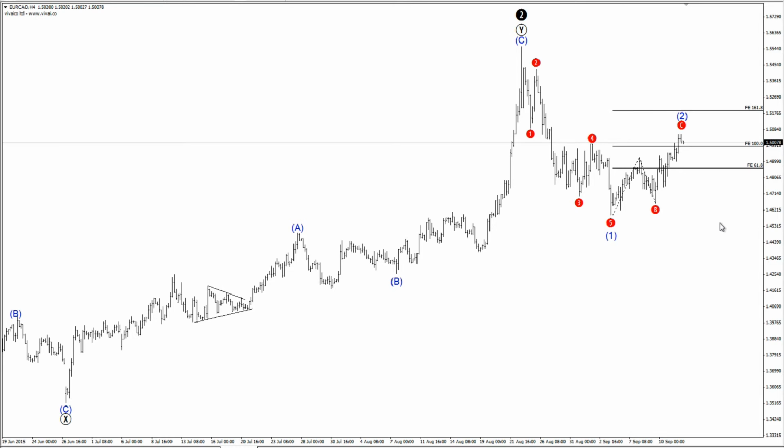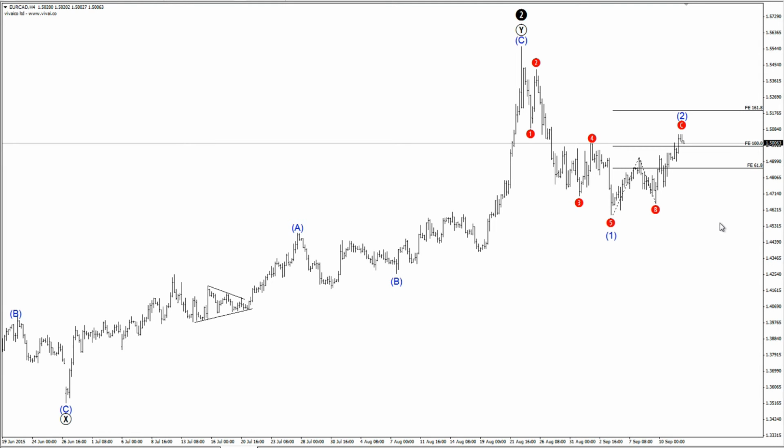Also a slight revision here, a very similar wave count to Euro USD, and Euro Canadian is also in the later stages of the minute wave 2 correction, and the next move should be a decline to the downside as minute wave 3 will start, and this is a good trading opportunity in Euro Canadian.